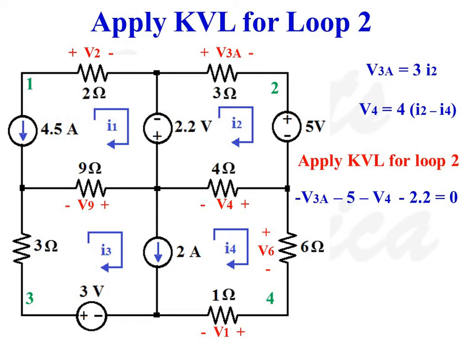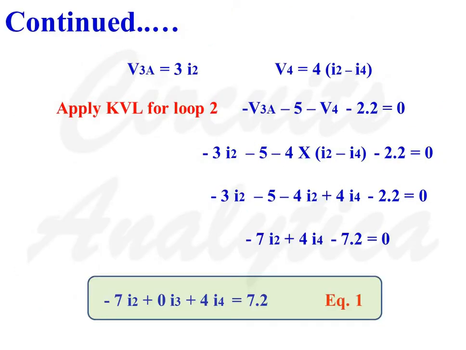Therefore, we can write minus V3A minus 5 minus V4 minus 2.2 is equal to 0. V3A is equal to 3I2 and V4 is equal to 4 into I2 minus I4.